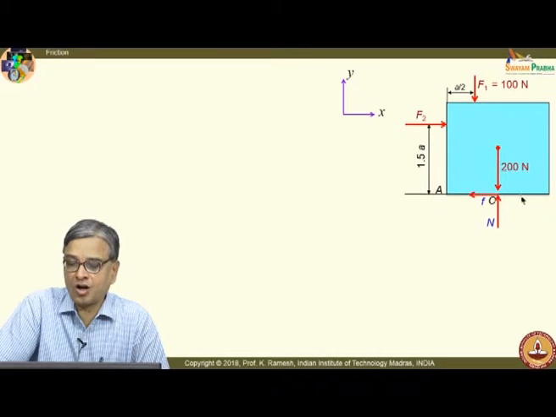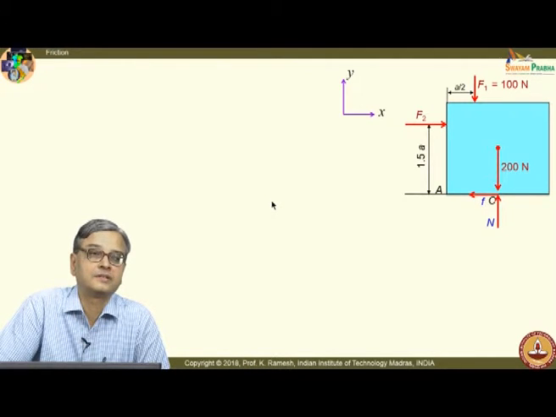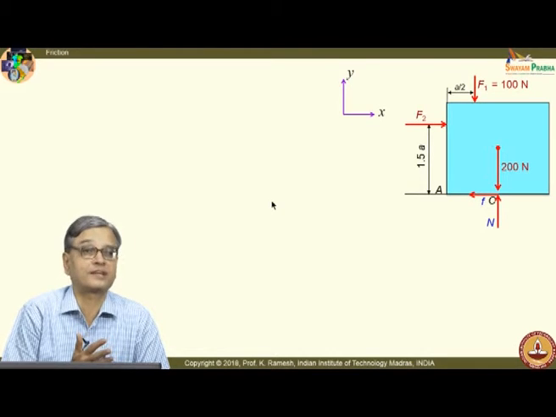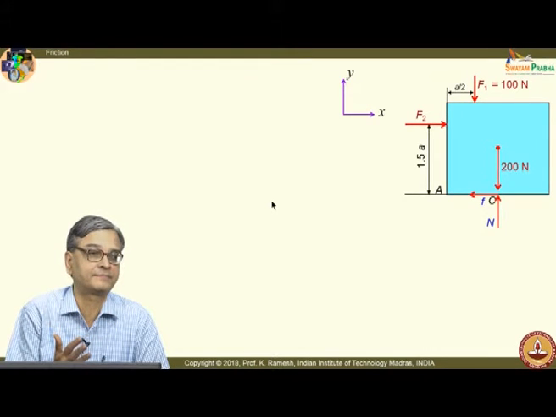And one of the common ways students solve the problem is they put the normal reaction through the center of gravity of the block. This is one of the common mistakes. Please do not do that. The location of the normal force is dictated by the moment equilibrium.